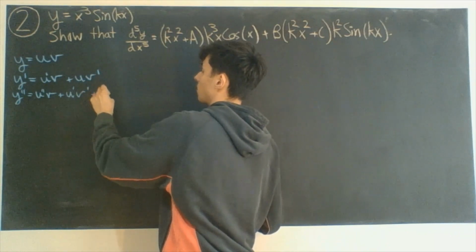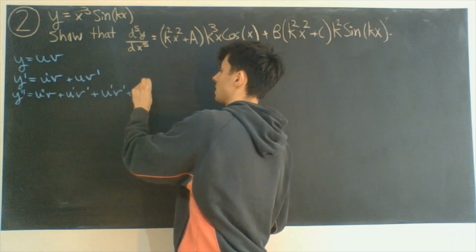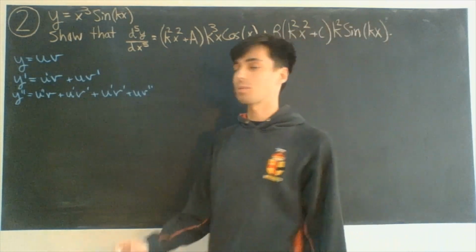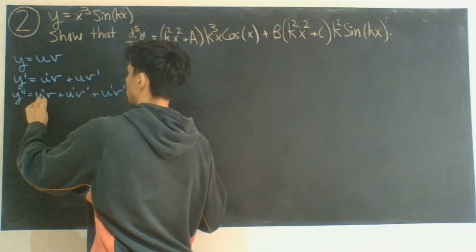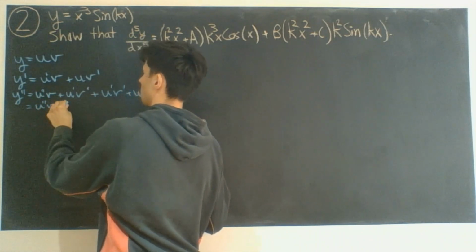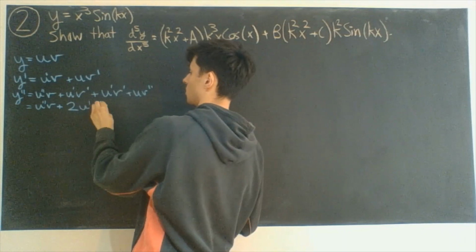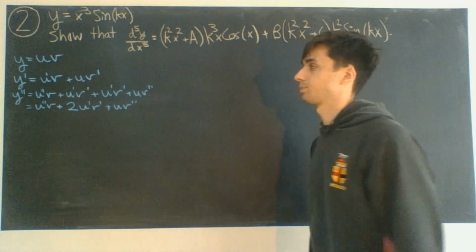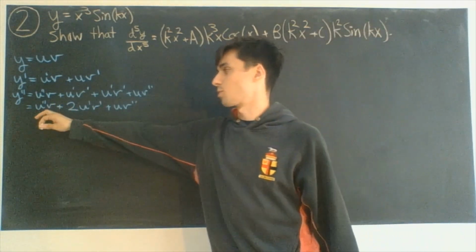So we will get u dash v dash plus u v dash dash. And actually we can combine some of these together and make it look a bit nicer. We get u dash dash v plus 2 u dash v dash plus u v dash dash. That's really nice. It makes a nice symmetrical pattern.